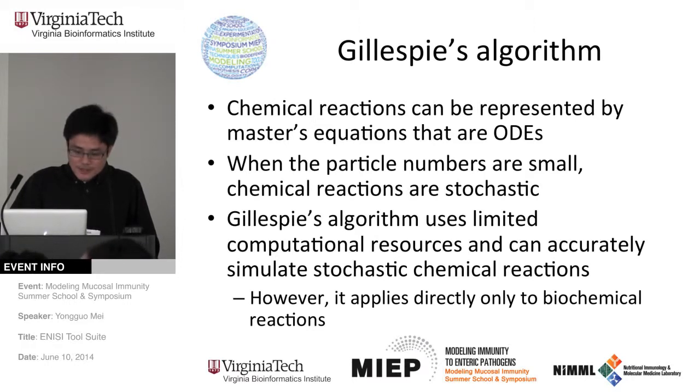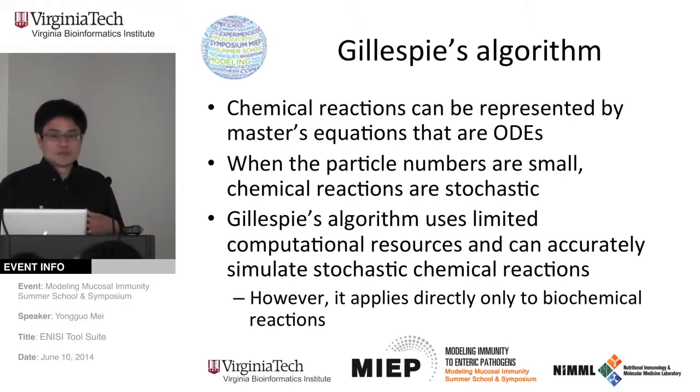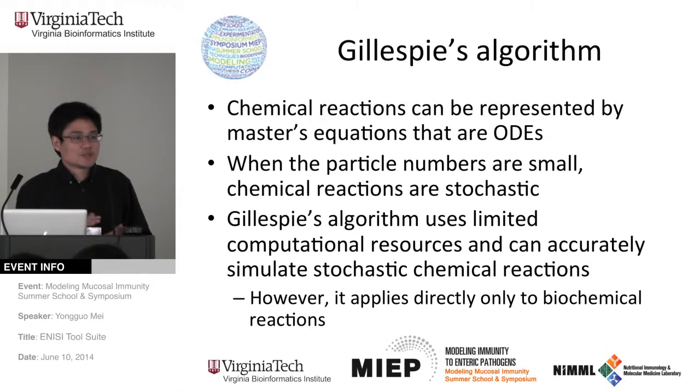I would say Gillespie's algorithm is very powerful. Many models have been developed based on that algorithm, and they can accurately simulate stochastic chemical reactions. However, some of our models are pretty high level.